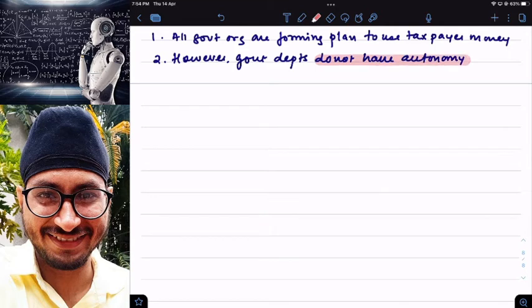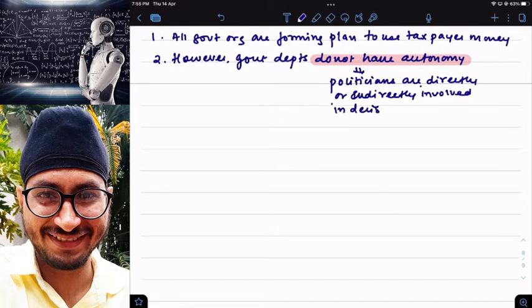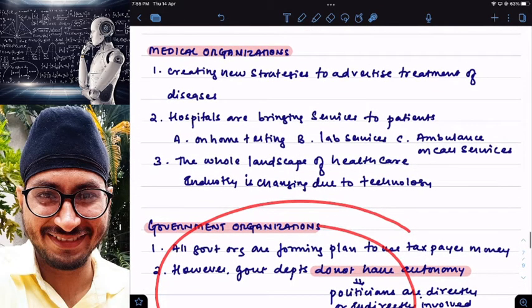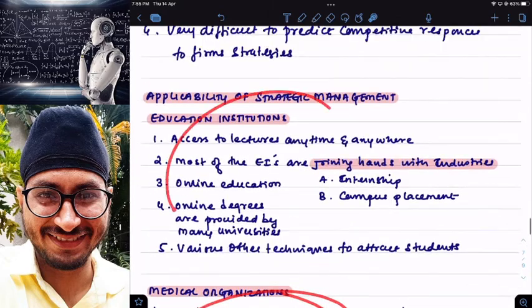Because, simple, politicians are directly or indirectly involved in decision making. Clear? So this is nothing but strategic management of government organizations, strategic management of medical organizations, strategic management of education institutes.